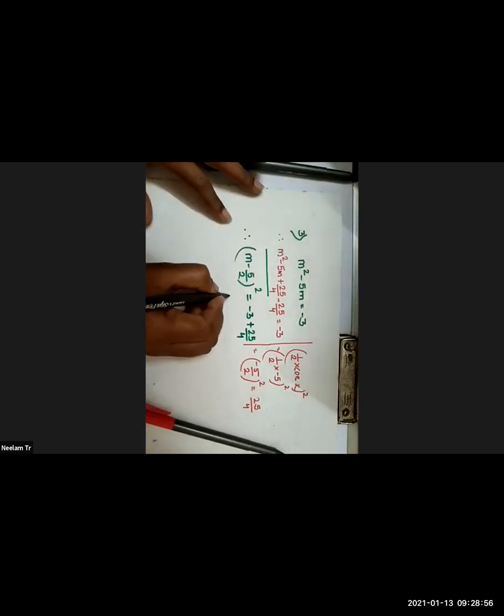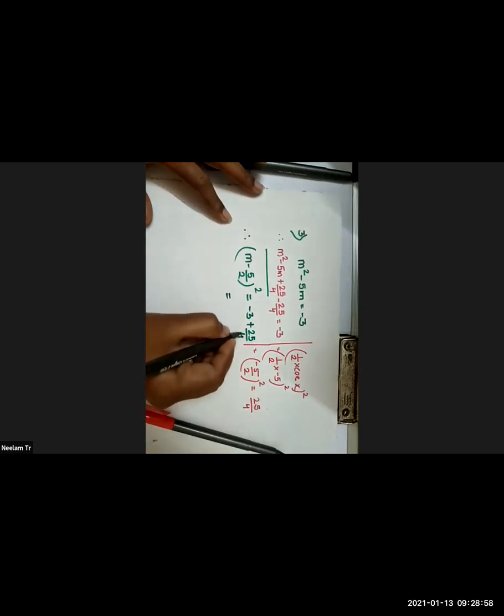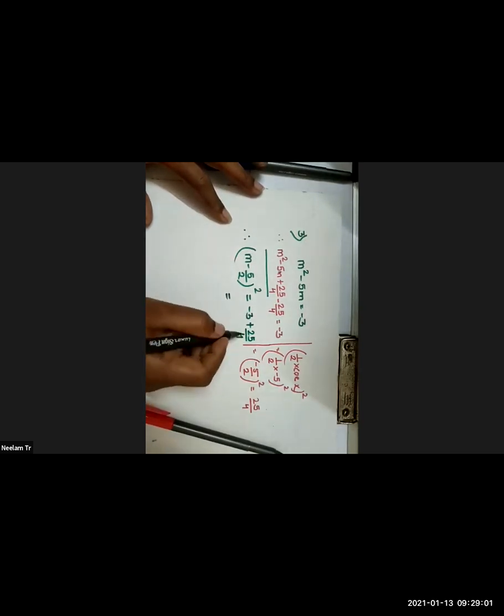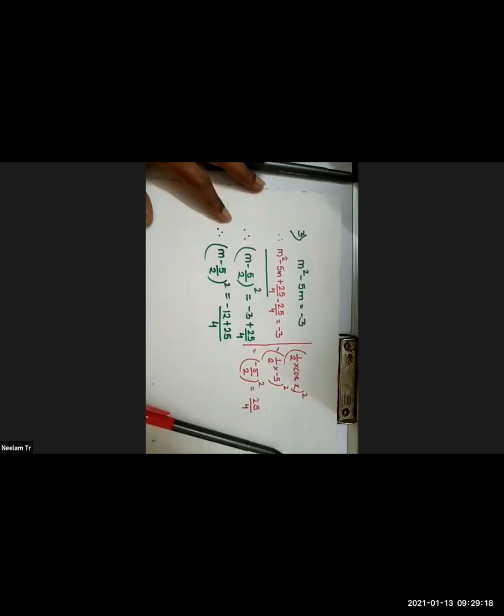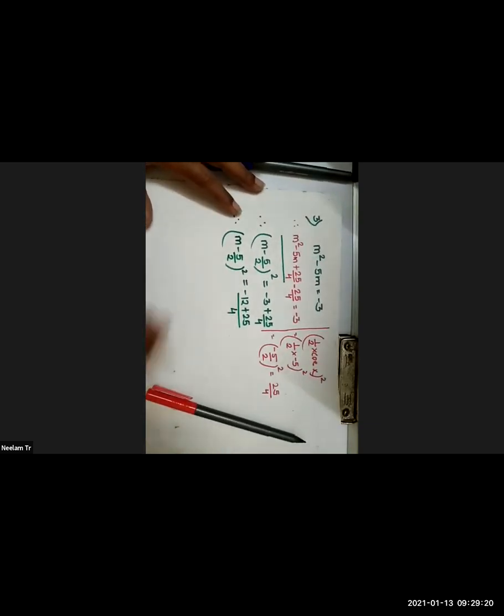Now next step, you're going to multiply it by 3. 4 3s are 12. It will give minus 12 plus 25 divided by 4, equal to m minus 5 by 2 the whole square.